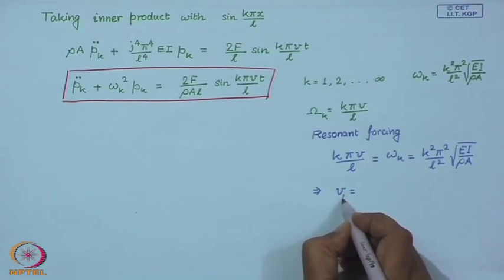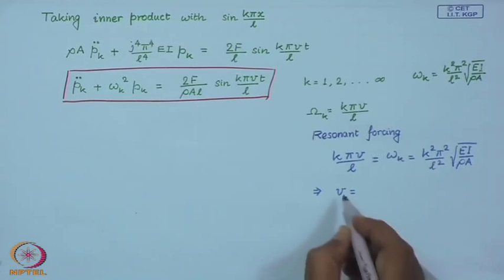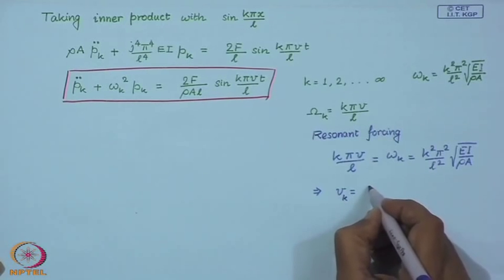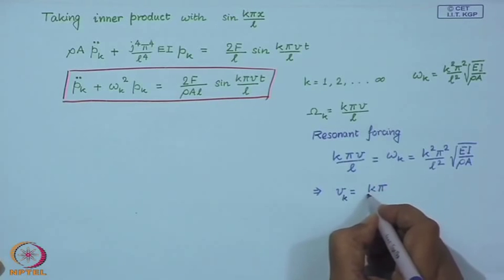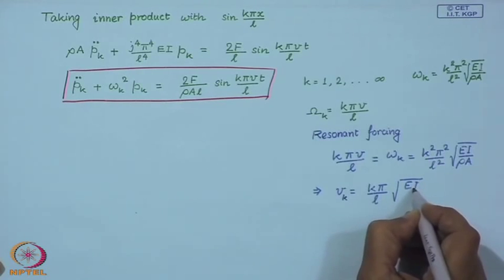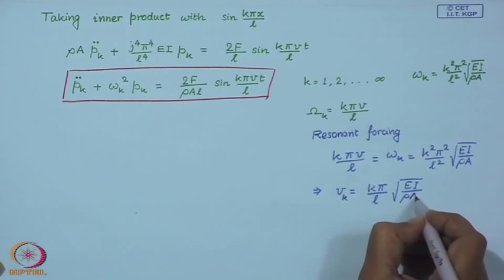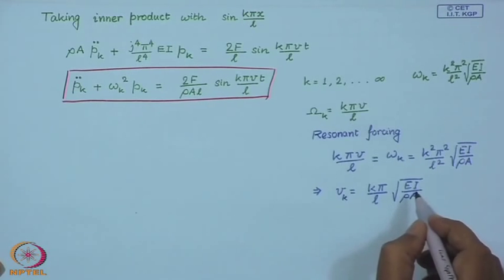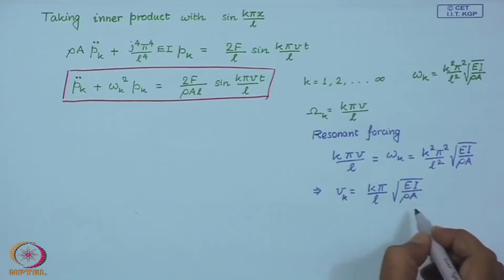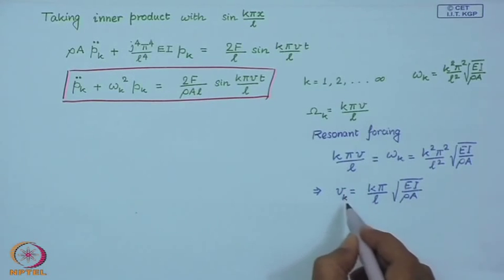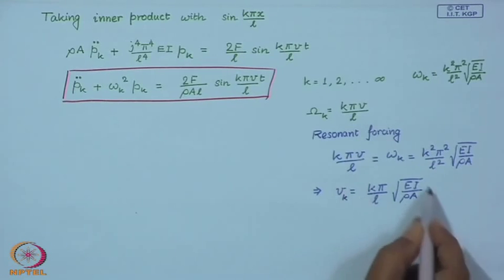So, let me index this also with k. So, this is the velocity which will send the kth mode into resonance.